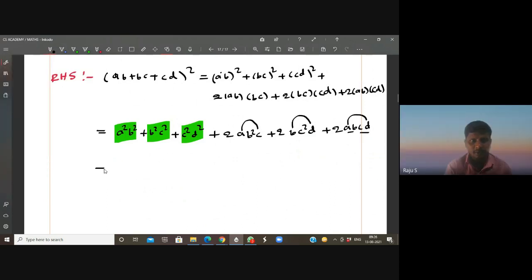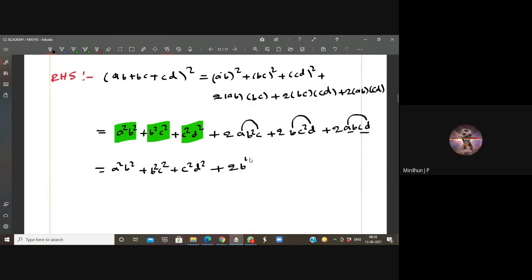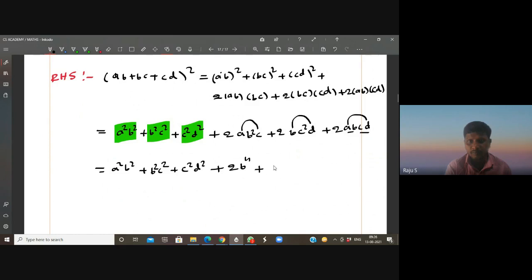Now A square B square plus B square C square plus C square D square plus 2 into B power 4 plus 2 into C power 4 plus 2 into B square C square.